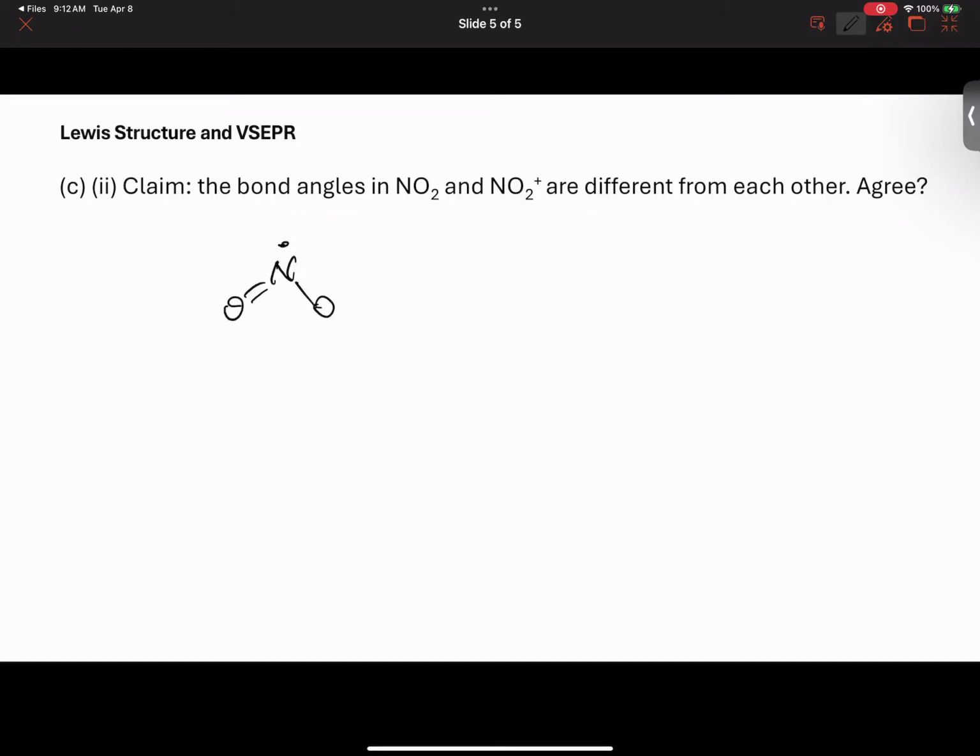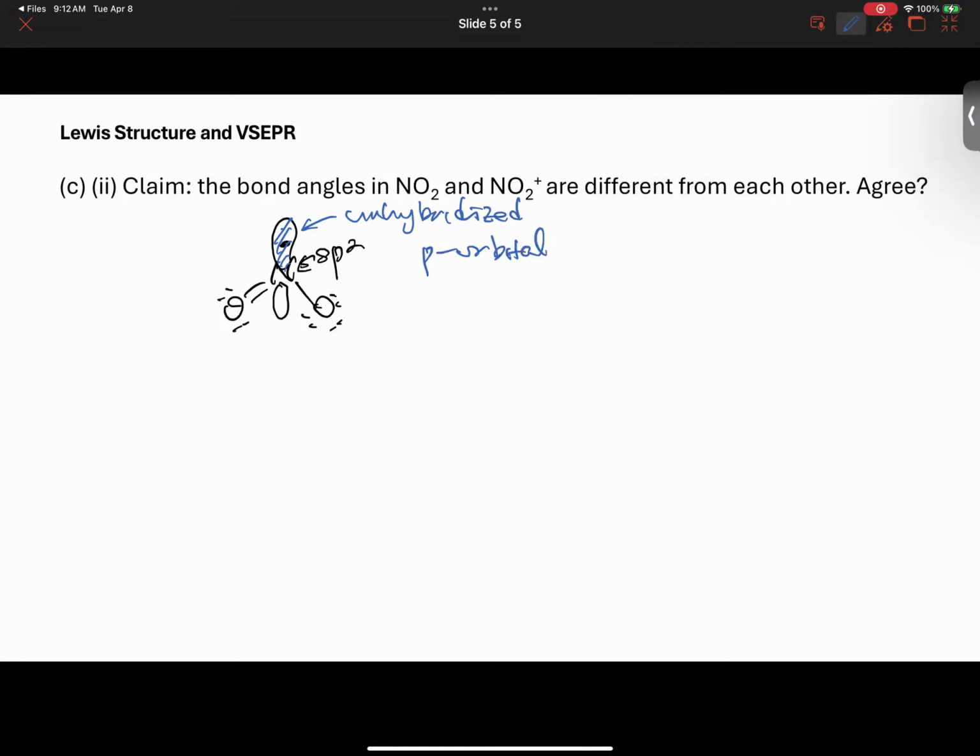The first one has a radical in nitrogen, and this one is occupying an unhybridized p orbital. This is sp2 hybridized nitrogen, and then the radical is occupying an unhybridized p orbital. Let me draw this one. This is the unhybridized p orbital.